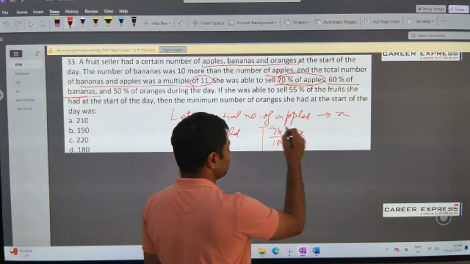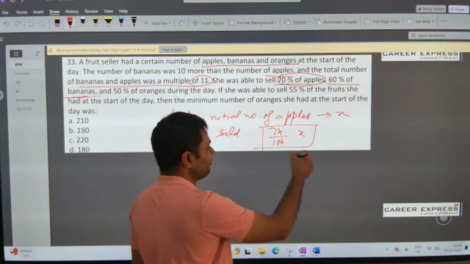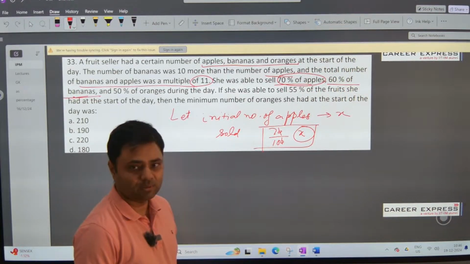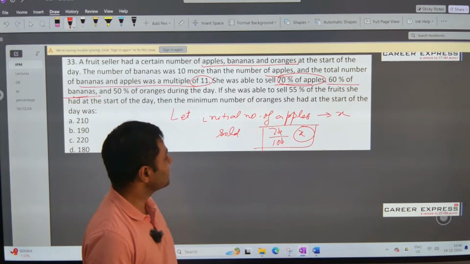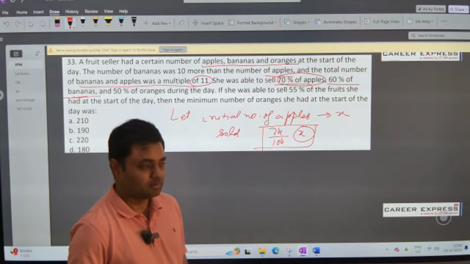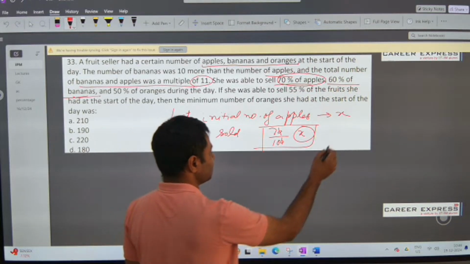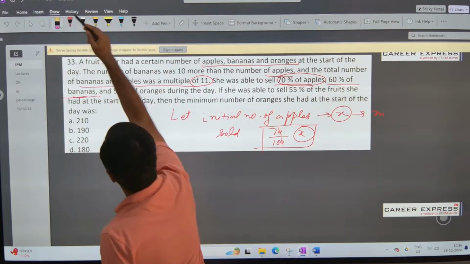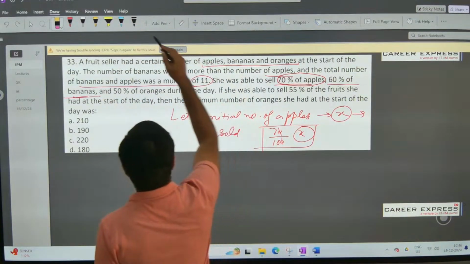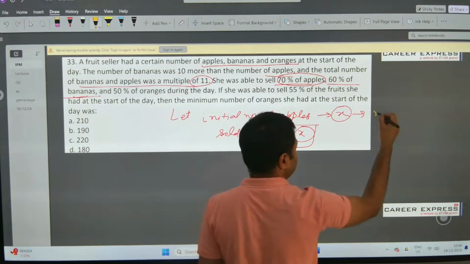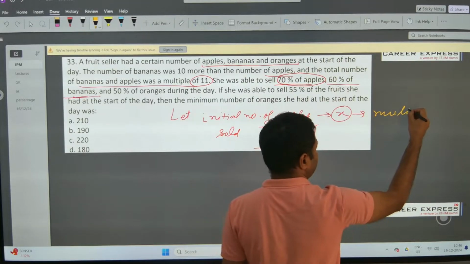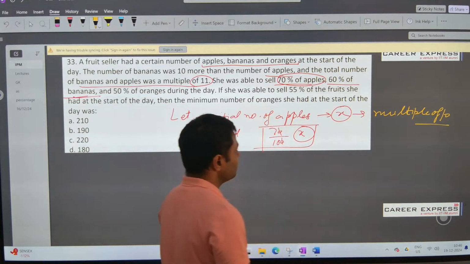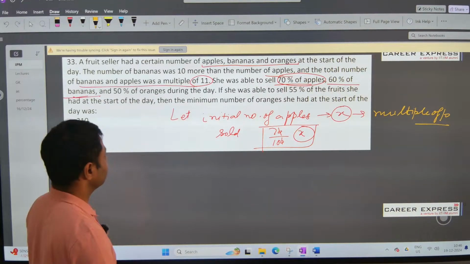What does this mean? Because this number has to be a whole number, x has to be a multiple of 10. The number of apples must be a multiple of 10.